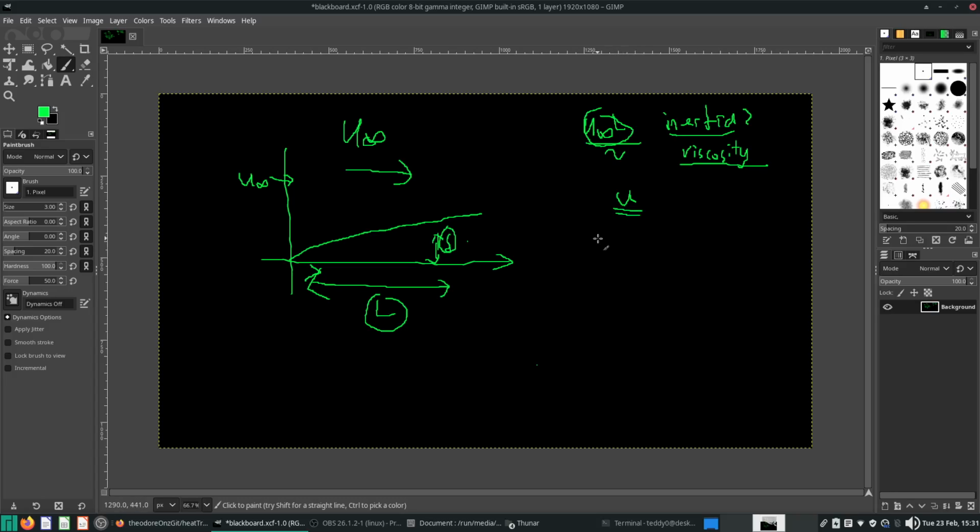So we know that inertial terms are bigger than viscosity generally for this free stream velocity, but that's not very helpful. So how does this compare in the boundary layer? We also don't know, so this is a question mark.